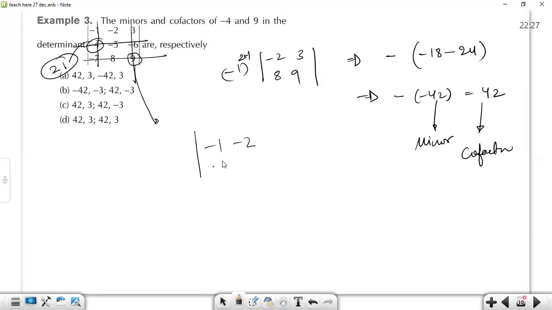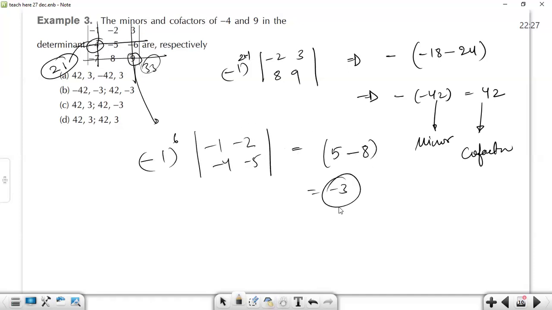Minus 1, minus 2, minus 4, minus 5. This is the minor, and minus 1 raised to power 3 plus 3, which is 6, so minor and cofactor will be equal. Minus 1 into minus 5 is plus 5, minus into minus 4 into minus 8 is plus 8. So minus 3 should be the answer. Minor and cofactor are equal, so this should be minus 3 and minus 3.